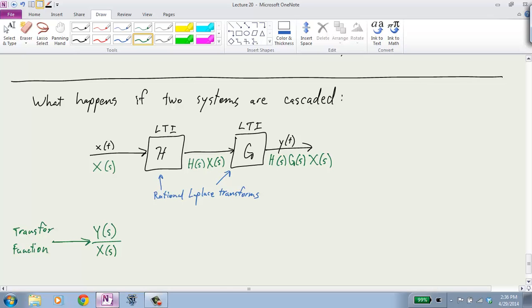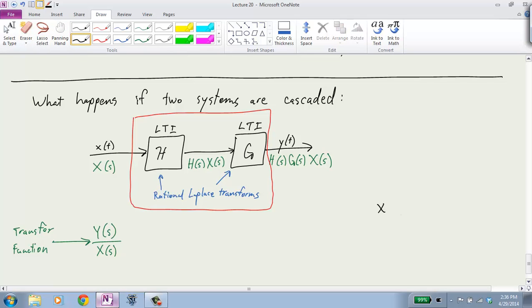So this is looking at this entire block as one system. It's one new LTI system where the Laplace transform of the impulse response is exactly, it has to be, this ratio of y of s divided by x of s. This is just a rewriting of the Laplace convolution rule, right?